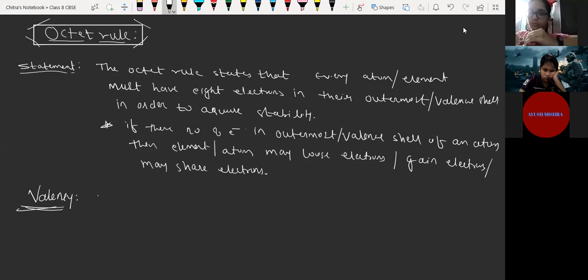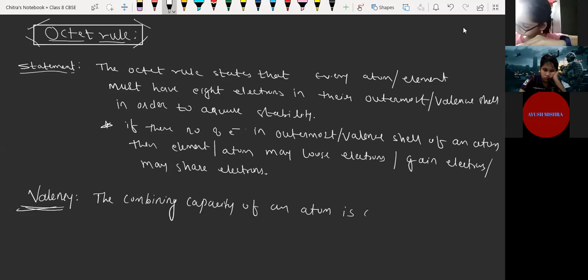So the combining capacity of an atom is called its valency.